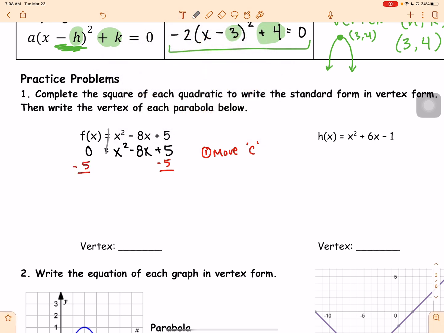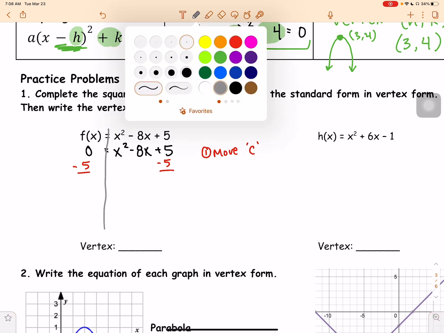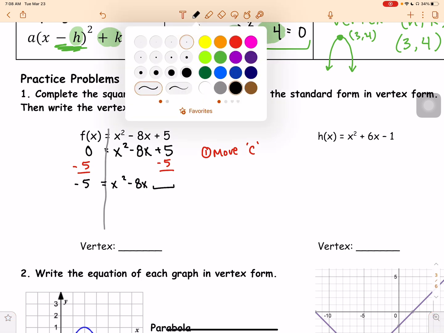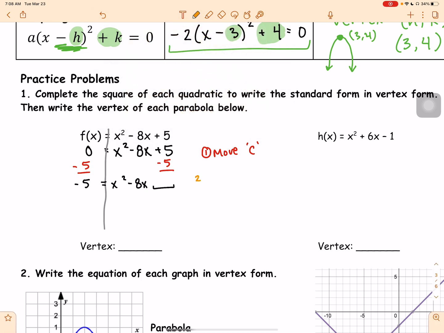I'm going to draw a line of equality just to help us out a little bit. Alright, so now I have -5 equals x squared minus 8x, and then I have this blank here. So the next step is we need to add b over 2 squared to both sides.